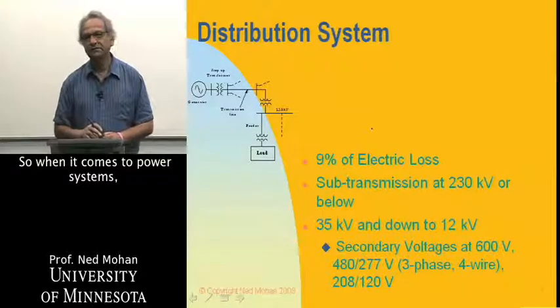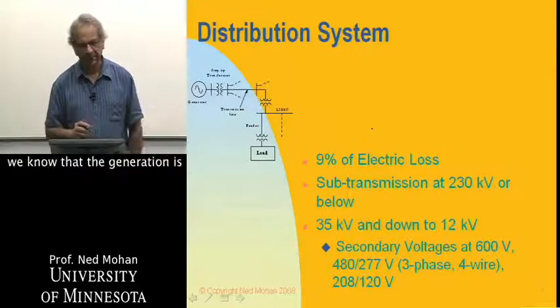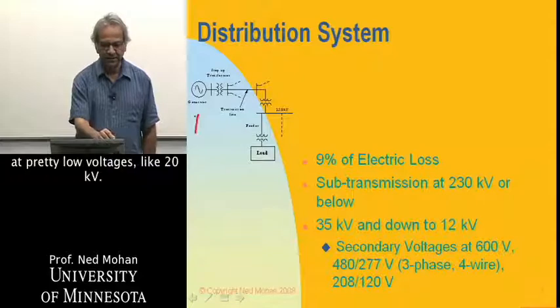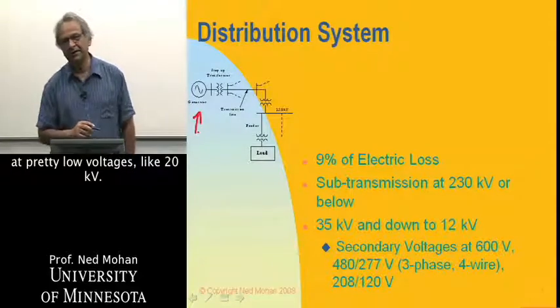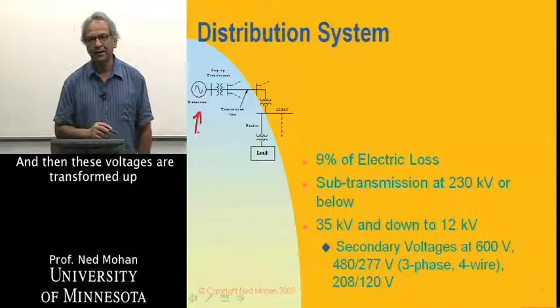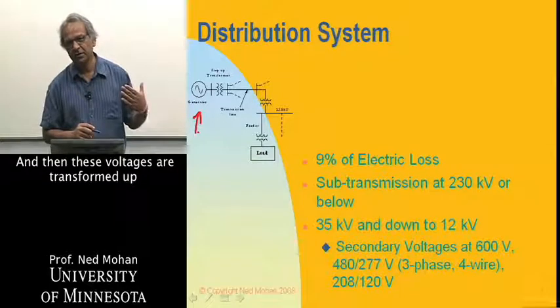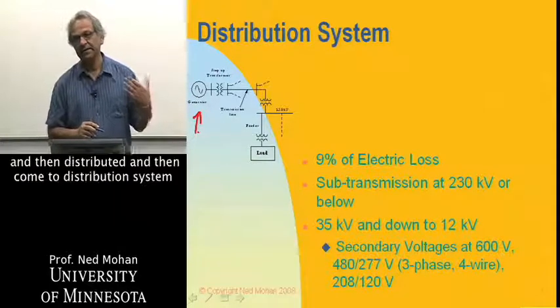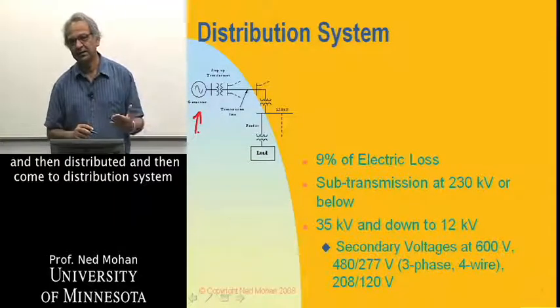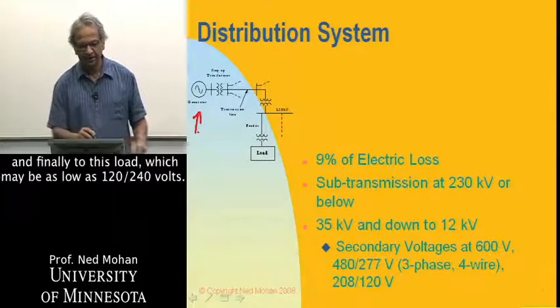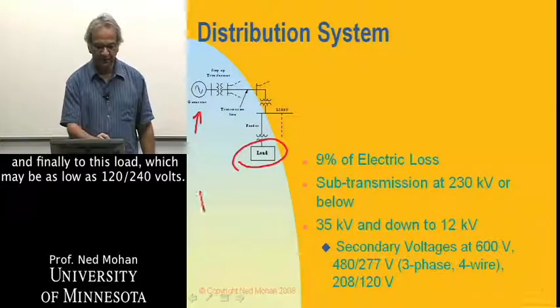So when it comes to power systems, we know that the generation is at pretty low voltages like 20 kV, and then these voltages are transformed up and then distributed and then come to the distribution system and finally to this load, which may be as low as 120, 240 volts.